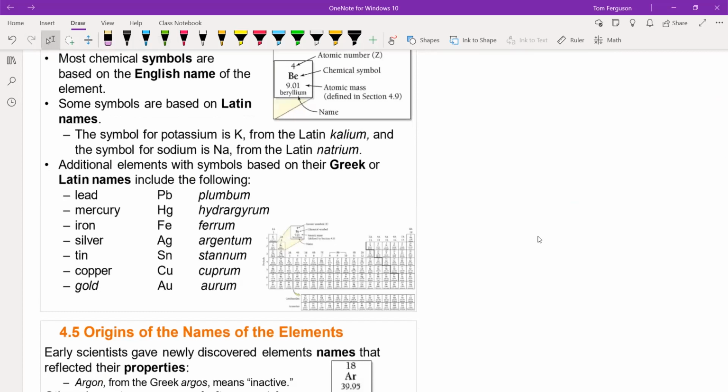Some of the names that are unrecognizable are Latin or Greek-based, like lead comes from plumbum. If you're a plumber, a long time ago, you worked with lead pipe. A plumb bob, who knows what a plumb bob is? It's a weight at the bottom of a string, and it hangs perfectly vertical.